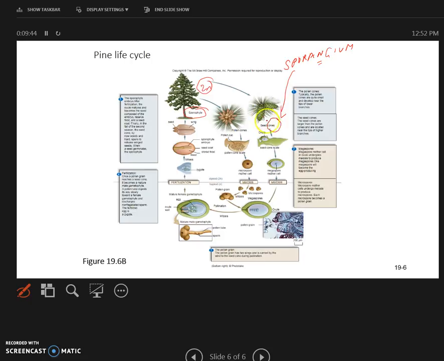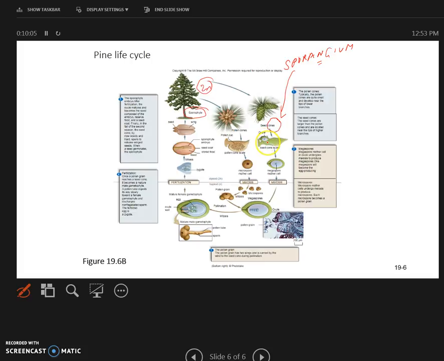What's happening inside the seed cone? There's a seed cone scale, and under the seed cone scale you are going to have an ovule. Remember, the ovule has a cell called the megaspore mother cell.